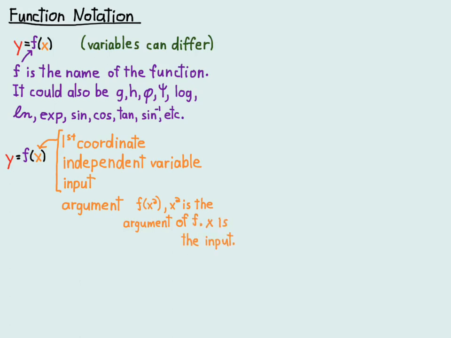So if you have f of x squared, you're still going to think of your independent variable as x. But the argument of f is the x squared. So your argument of something is whatever's inside that something. So the argument of square root of x squared minus 1 is x squared minus 1. It's the thing inside the square root. And so I do use that term sometimes, and we use it a lot with trig functions.